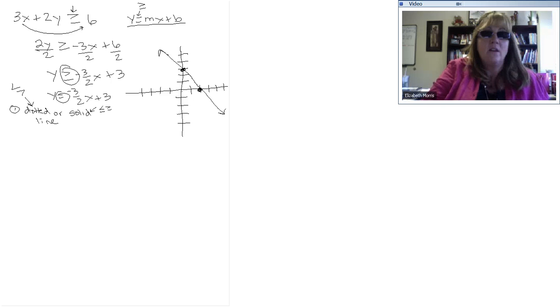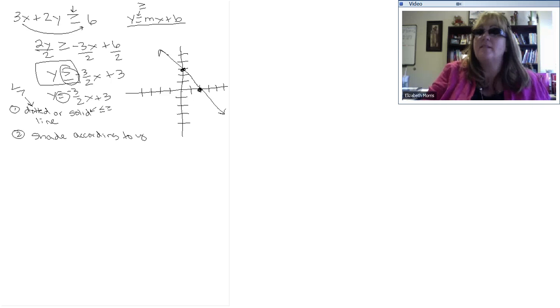Then shade. And you shade according to the y. Look at the equation. Does it say y is greater than or y is less than? It says y is greater than. So consider your line. Above the line is y getting bigger, or below the line does y get bigger?